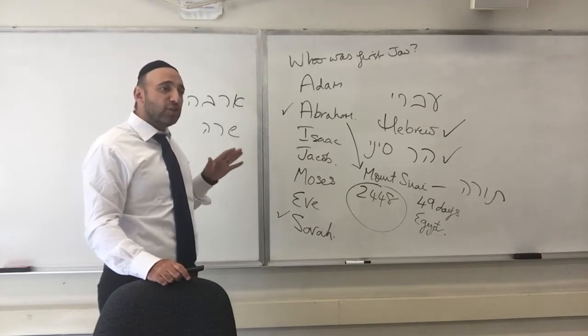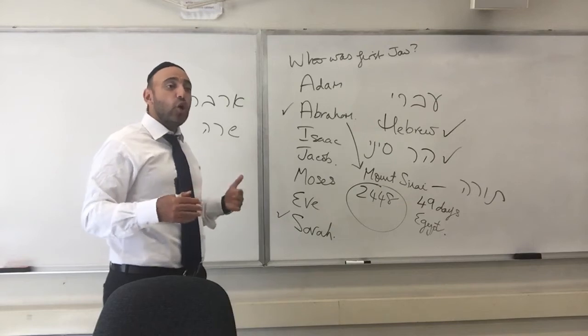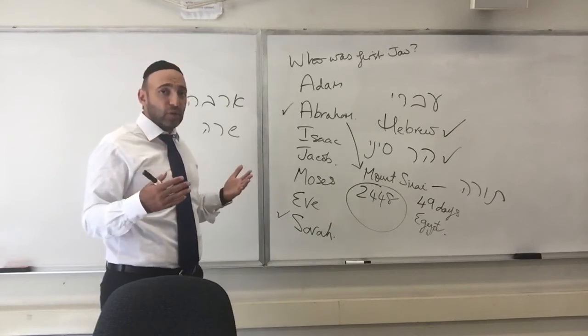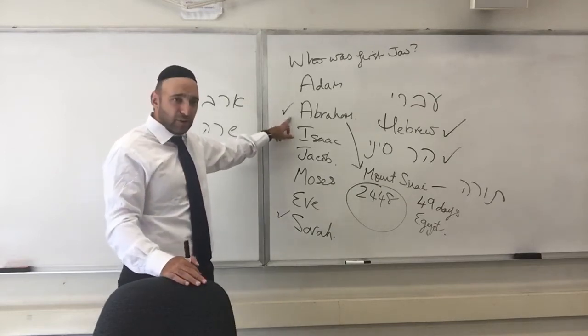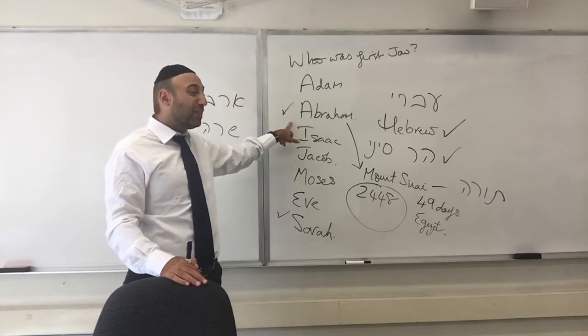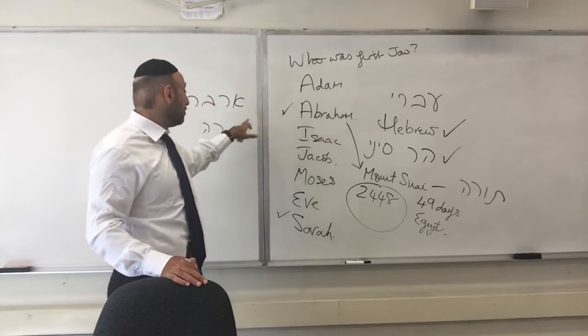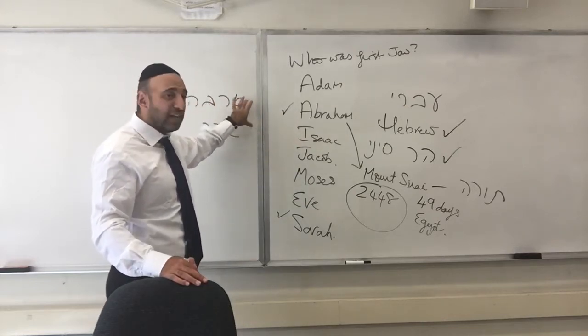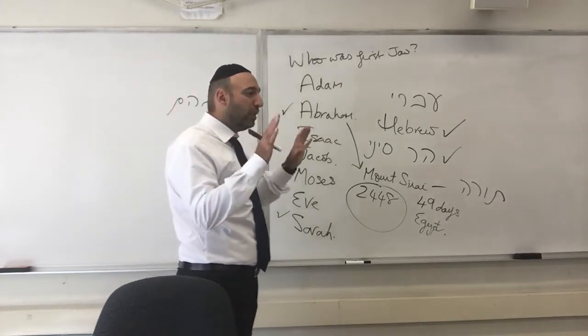So what we're going to do with the first part of the semester is we're going to go chronologically. We're going to start over here by Abraham, because he did something. And he did something really, really big, together with his wife Sarah. As a couple, they did something really, really big.